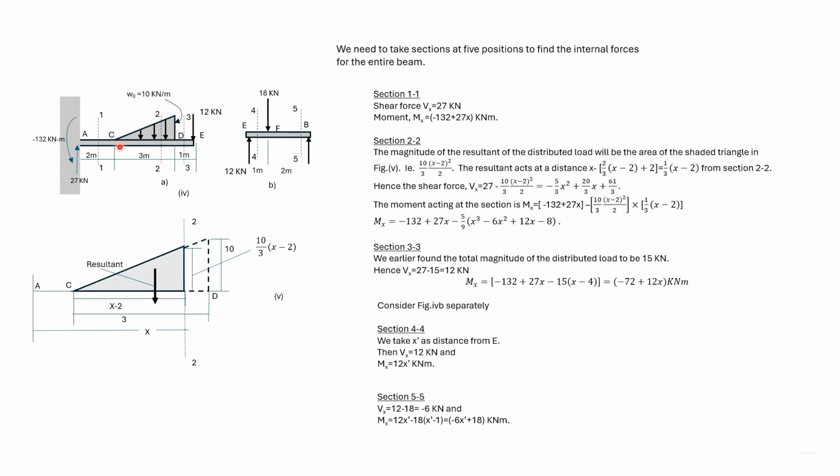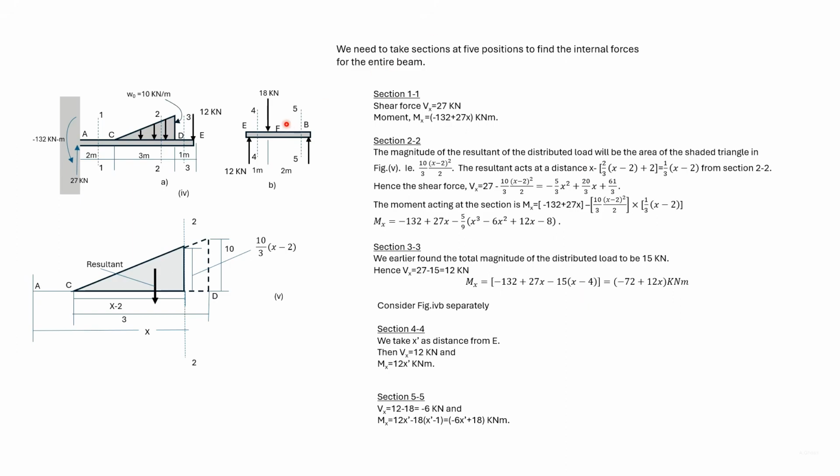The 15 kilonewton load for this whole triangle acts at 2/3 distance of CD from C, that is at 2 meters. So the distance at which the resultant acts from A is 4 meters. So at 3-3, the moment is minus 132 plus 27x minus 15 into x minus 4.